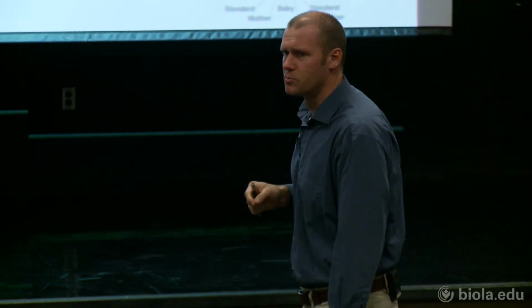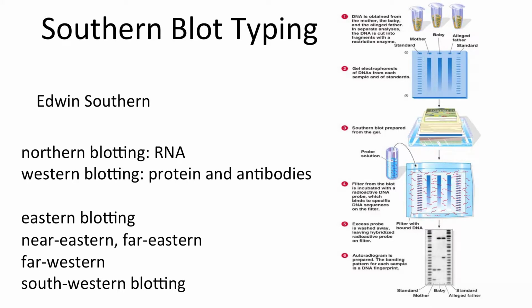Then you probe for the pieces of DNA that you're interested in. The way you do this is you make an antisense, a reverse complement sequence probe, to the gene or piece that you're interested in looking at. So you soak your blot, which we call a blot now instead of a gel because it's on this film, in your probe solution.